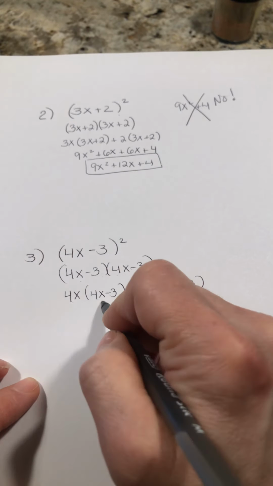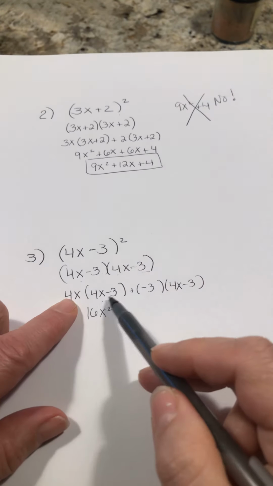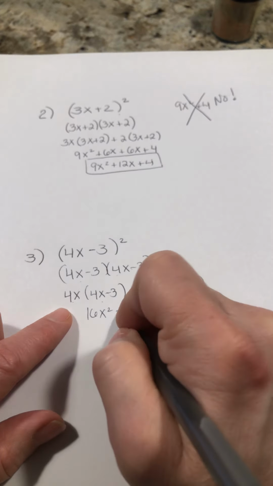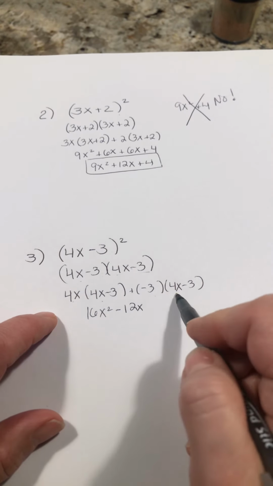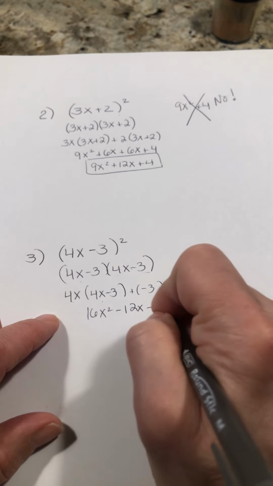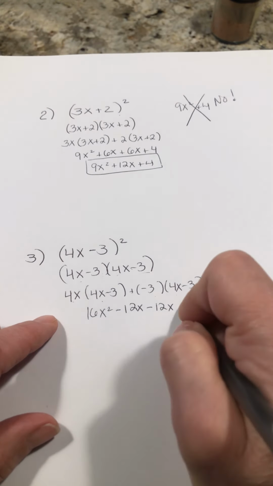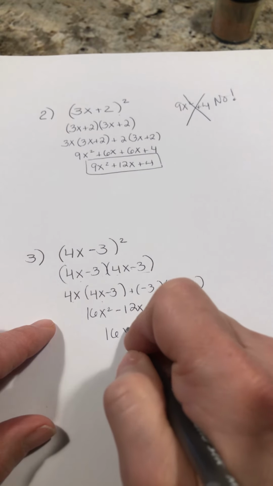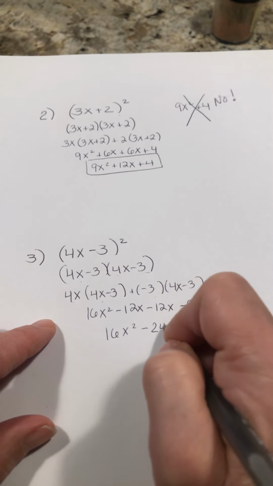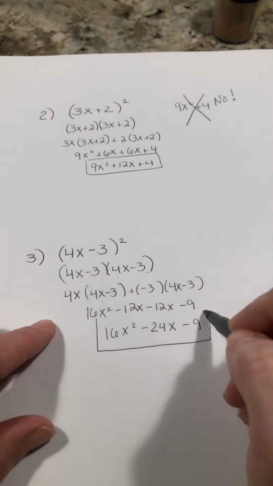So 4x times 4x is 16x squared. 4x times negative 3 is negative 12x. Negative 3 times 4x is negative 12x. And negative 3 times negative 3 is a negative 9. So we end up with 16x squared minus 24x minus 9 for our answer.